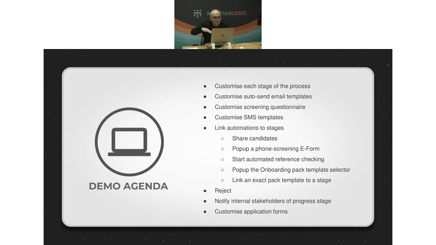The recruitment process needs to be different. So the steps, or what we call the stages in the process, need to be different from one entity to another within the corporate environment.